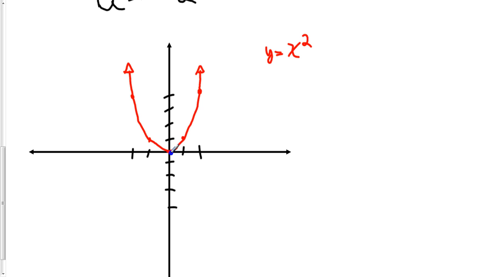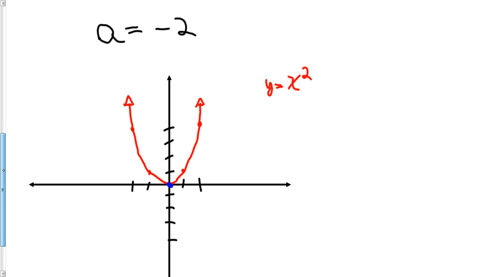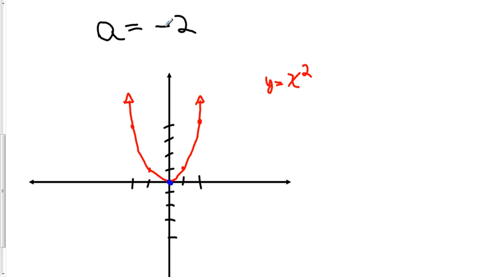From the vertex, which would still be (0, 0), if my value of a is -2, the y value is 0, so I still get the point (0, 0), which is why I made that blue dot there. Multiplying the y value of (0, 0) by -2 still gives me (0, 0).